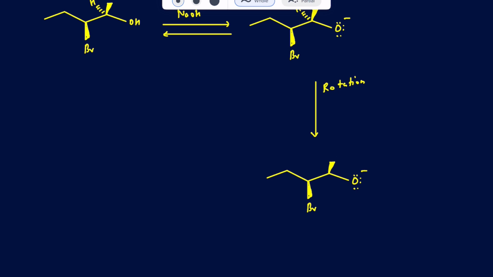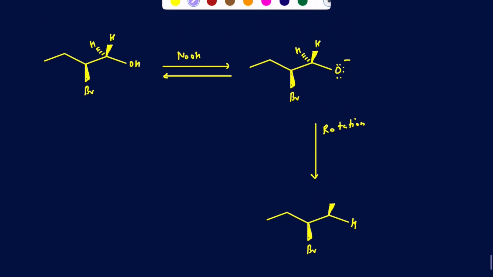I have two hydrogens that are the same, so it doesn't really matter which one you move. Let me just call these H1, H2. So when you're flipping or swapping it, everything gets swapped. So the H2 is going to be here, and H1 is going to be here, and then your oxygen is going to be going back in the page.